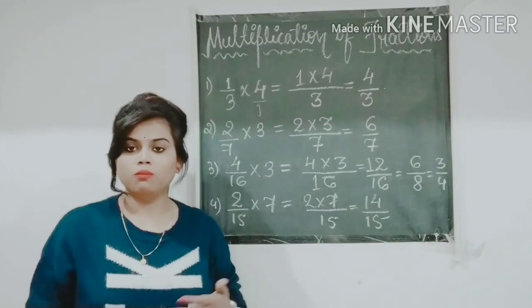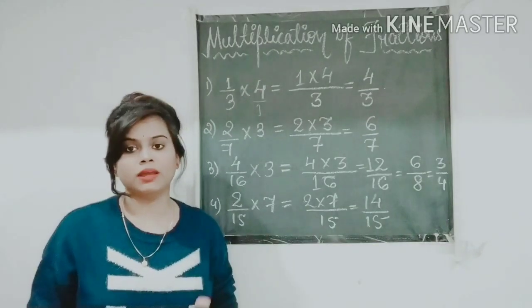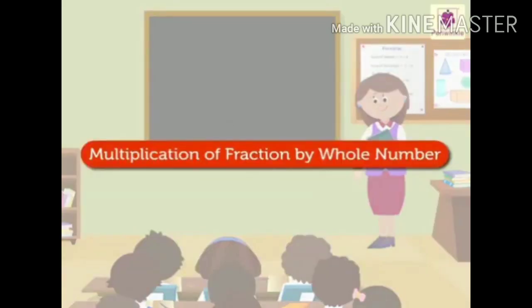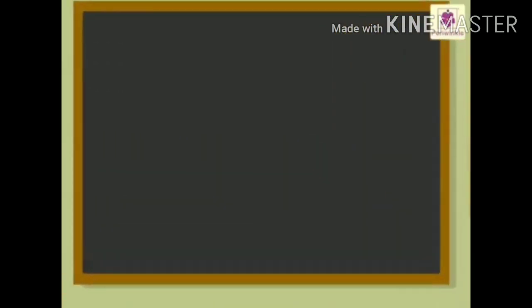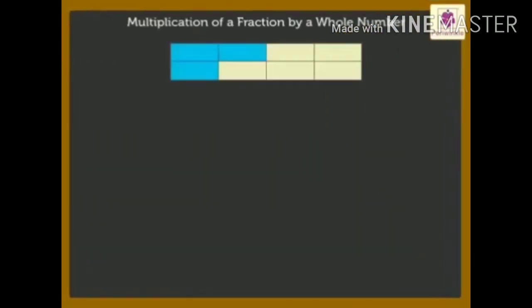Let us know more about multiplying a fraction by a whole number by this video. Multiplication of a fraction by a whole number. Look at this rectangle. It is divided into 8 equal parts. That means each part is 1/8 of the rectangle.